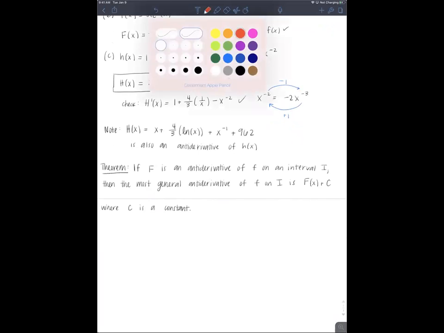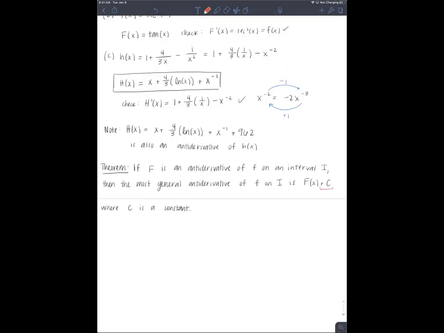Have you guys seen this before? That plus C? Yeah, if you've taken calculus before, which I think a few of you in the beginning said you had, then you'll know how important that plus C is.